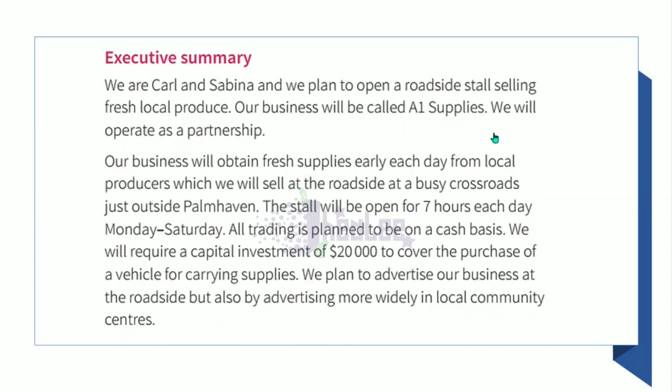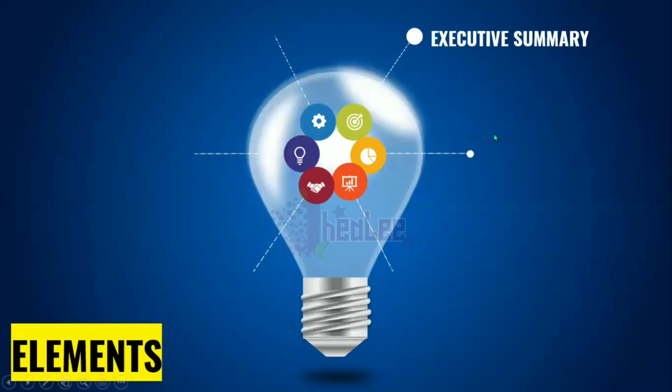We're now going to look at another element of the business plan, and that is the company background. What is required for this section of the business plan? Let us look at that.